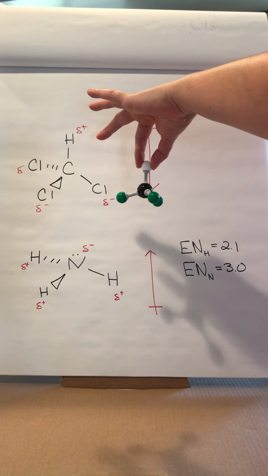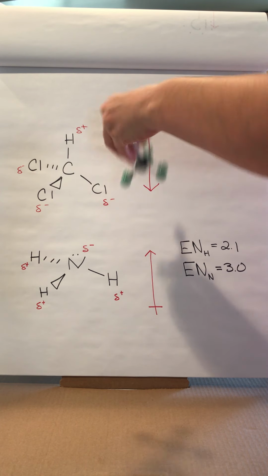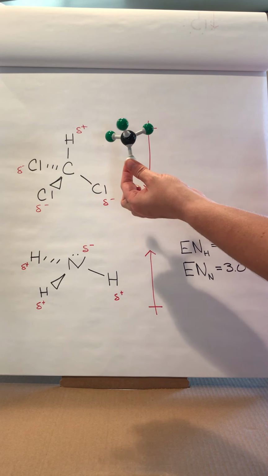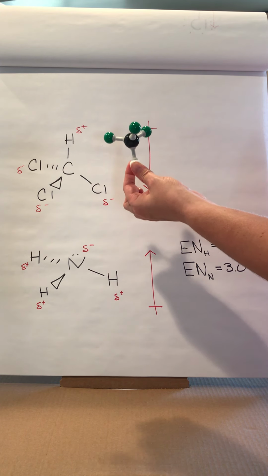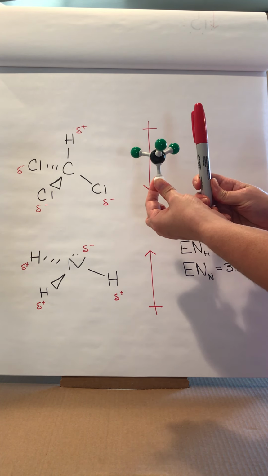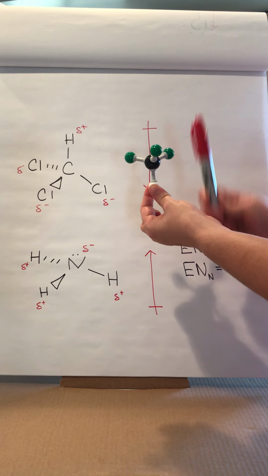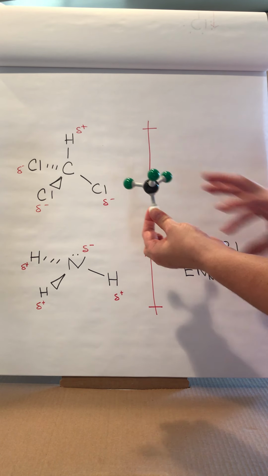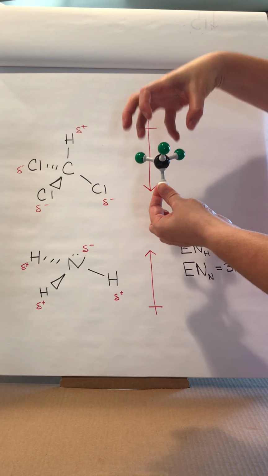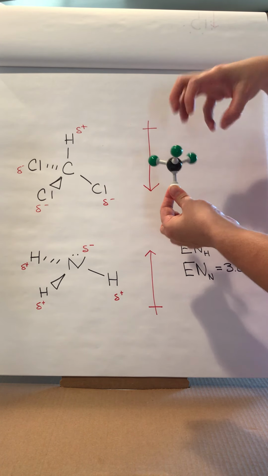Now, if you turn the molecule over and you drew it like this, would that be okay? Yes, but what would happen to the dipole moment? It would flip up like that because we have to point in the direction that the electrons are being drawn on the molecule. So they're being drawn up this way towards the chlorines.